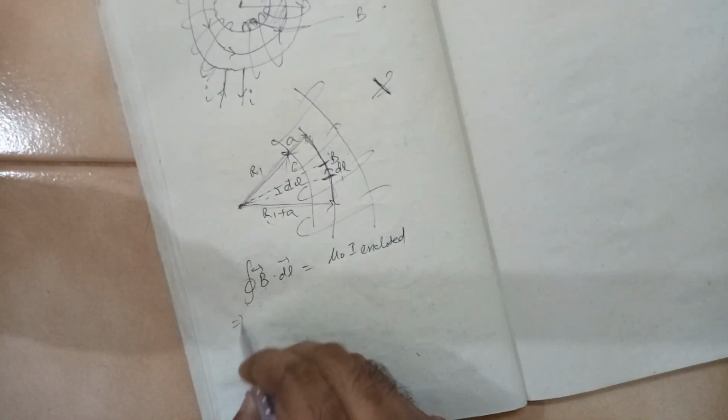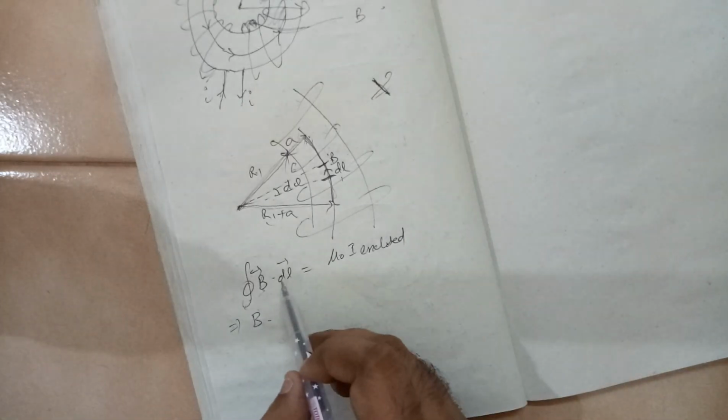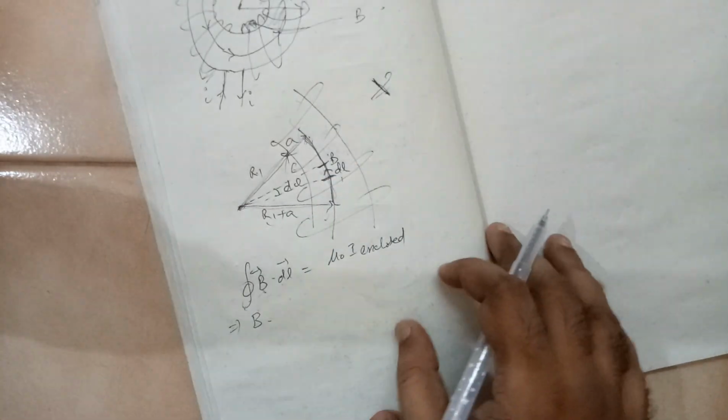So when opened, it will become B integration. If you bring out B, we are assuming that on this line it is uniform.